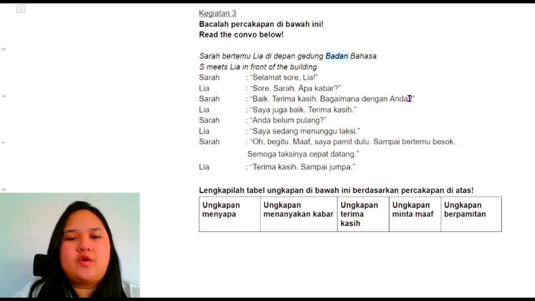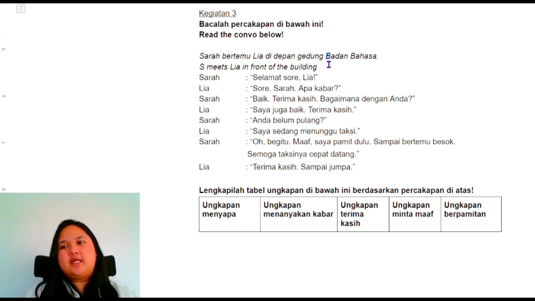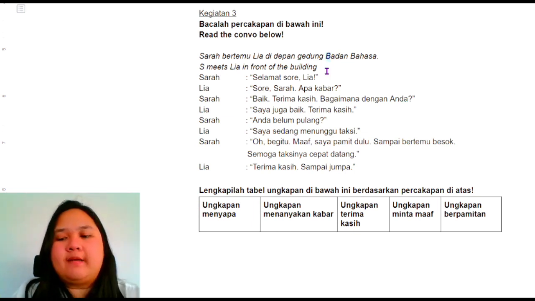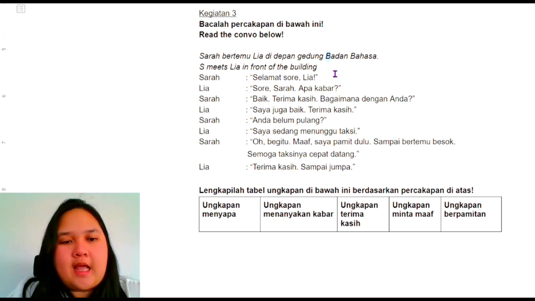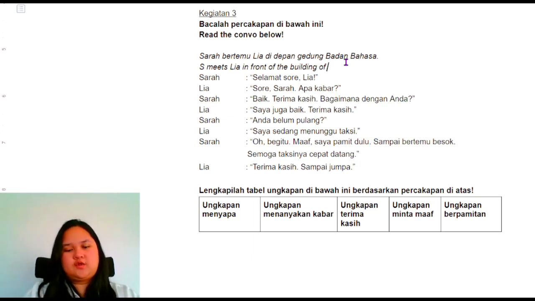Or body is also badan, with a small b, it's a body. So Sarah meets Leah in front of the building of the Language Institute.